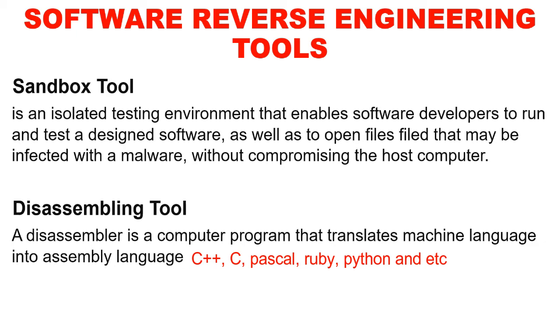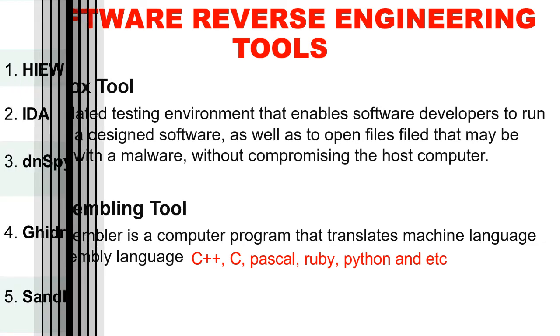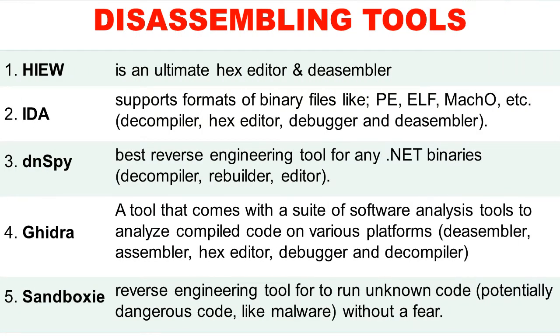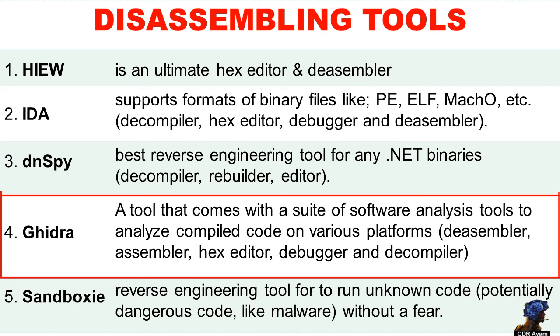Now that we know what a disassembling tool is, the following are my recommended disassembling tools. My personal best is Ghidra, which was developed by the US National Security Agency research team and later got declassified in April 2019 as an open source software disassembling tool.